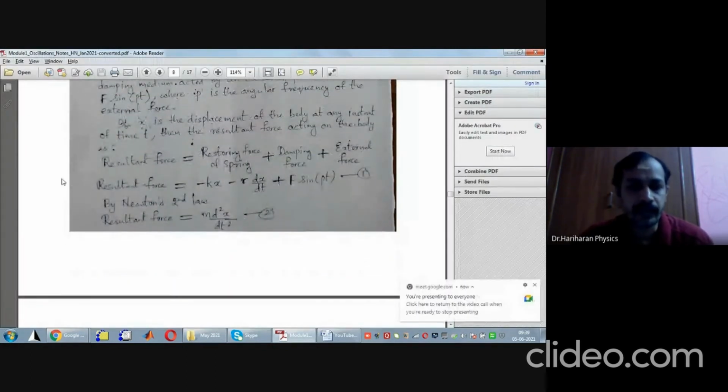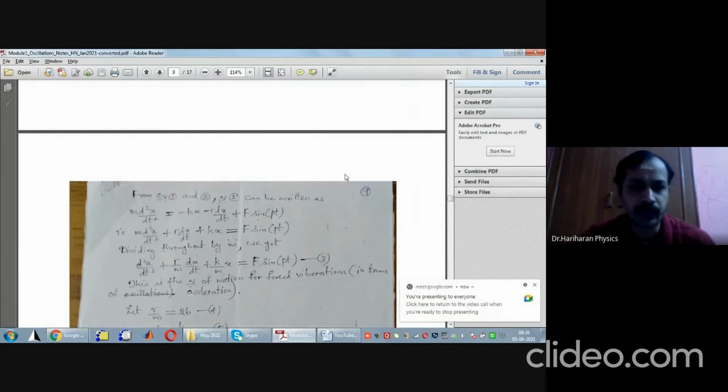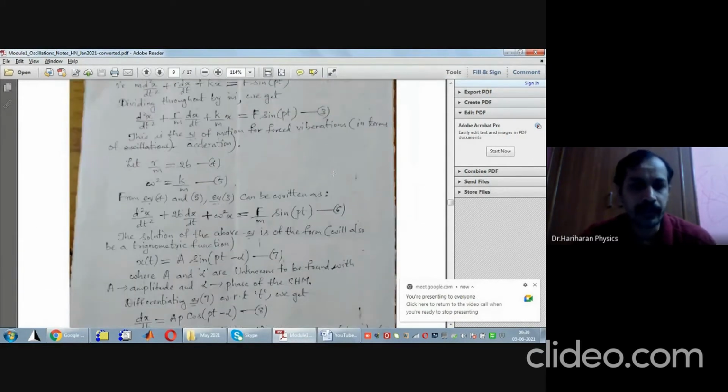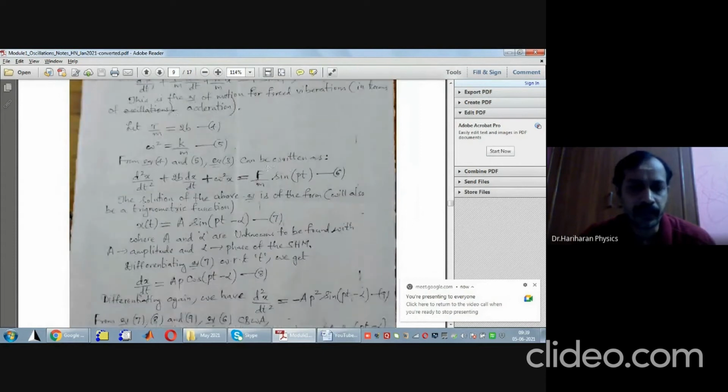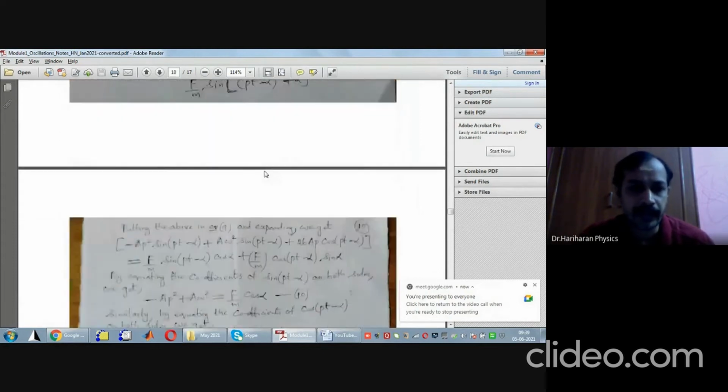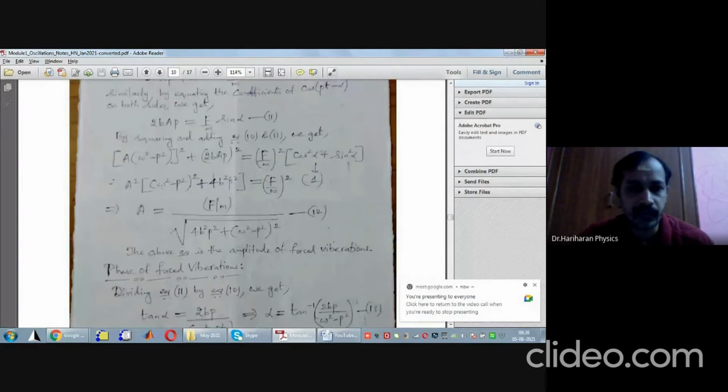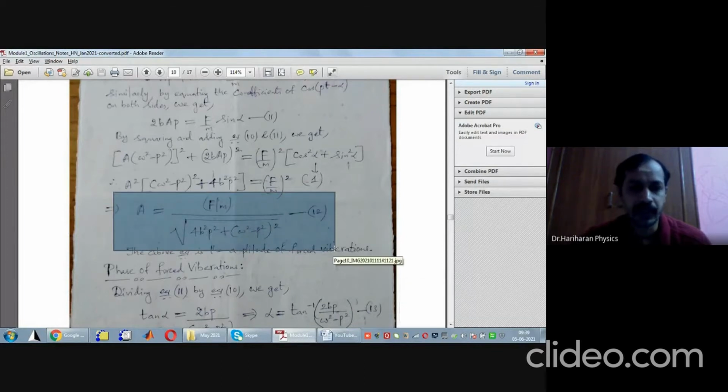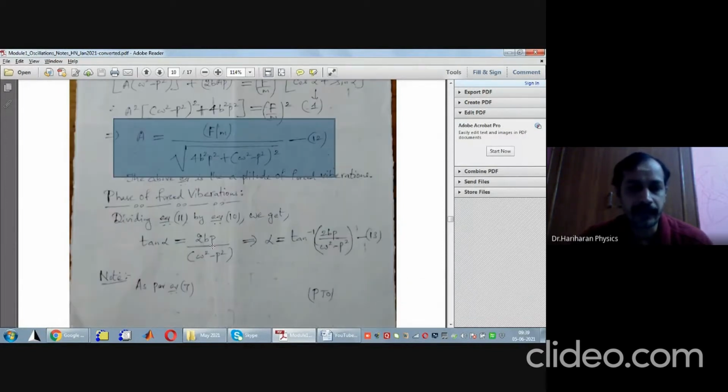So, as usual, the theory is clear. You found the resultant force, applied Newton's second law of motion, then introduced new variables, omega and b, then solved the equation, and finally ended up with these expressions. One is the expression for the amplitude of the forced oscillation, given by this. Next, the phase lag is given by this equation.